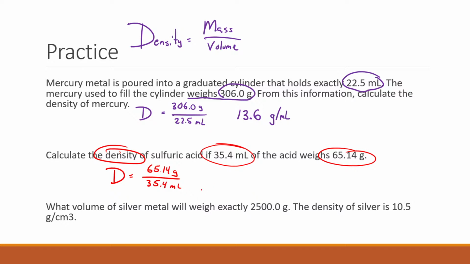That answer is going to be 1.84. Again, there's a lot more that comes after it in the calculator, but these are measurements with significant figures, so we're going to round to the hundredths place. And we are going to call this, again, grams per milliliter, right? Those units don't cancel.